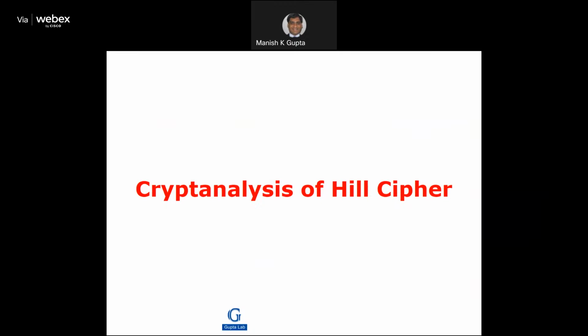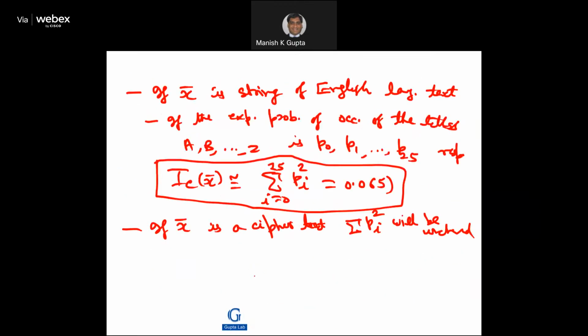Index of coincidence is still not very difficult, but the substitution cipher is very difficult. It involves a lot of manual work, right? Keep on observing, guess something, and then go back to the plain text and so on and so forth. People normally don't cover it, but at least I wanted to show you the difficulty in getting the stuff. So that is fine. I think that's all about cryptanalysis.